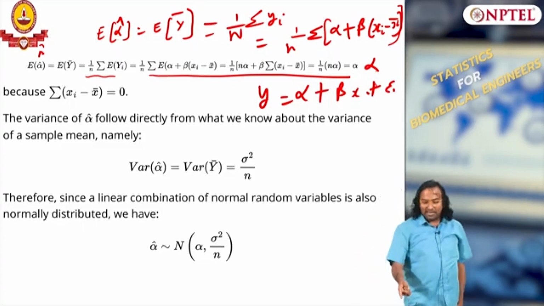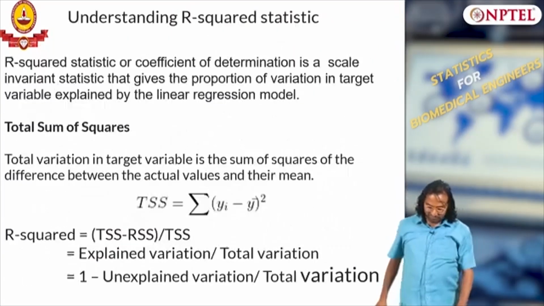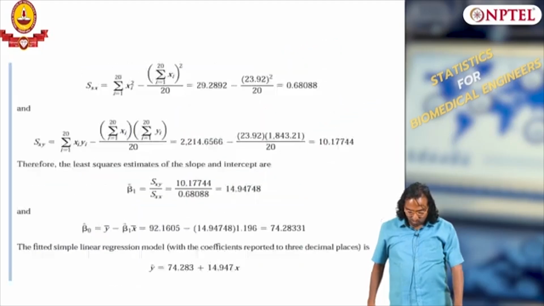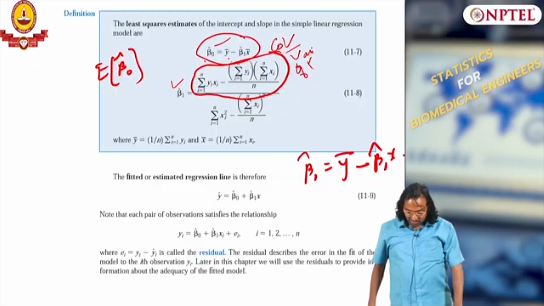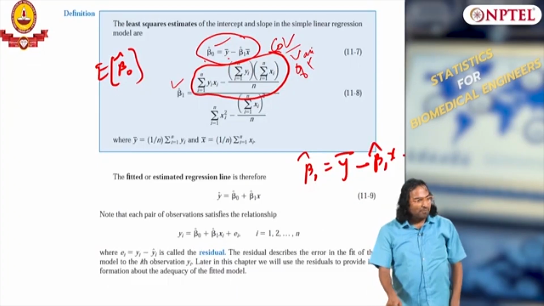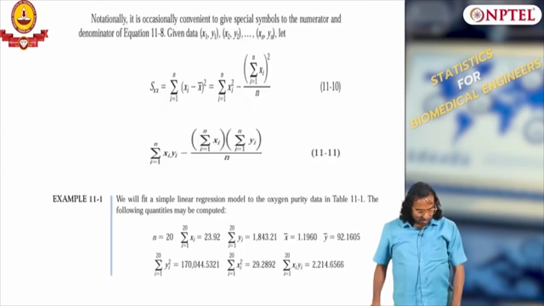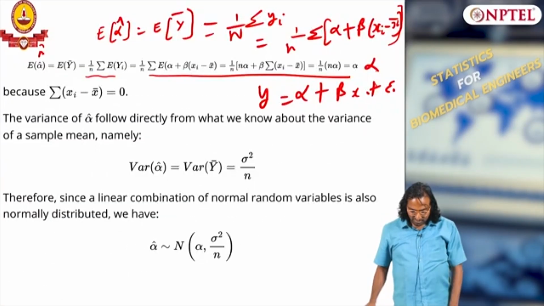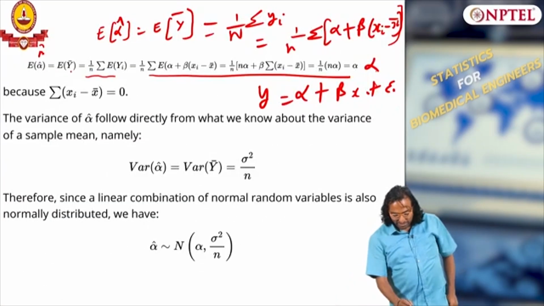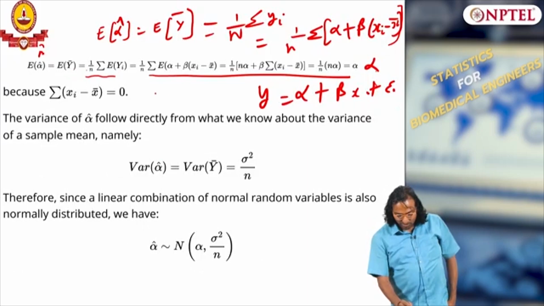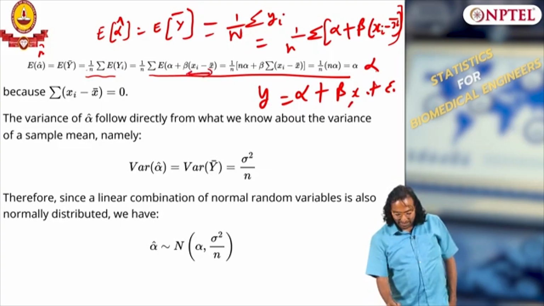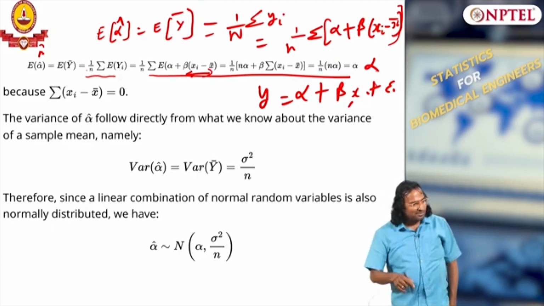So the way I clubbed it inside, you have one more term, which is minus beta 1 times xi, right. So that is what I have included here. When I expanded, yi is truly alpha plus beta x, right. I now introduced beta times xi minus x bar, that is accounted for.